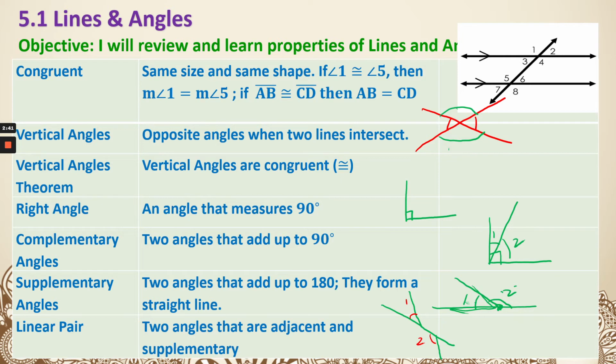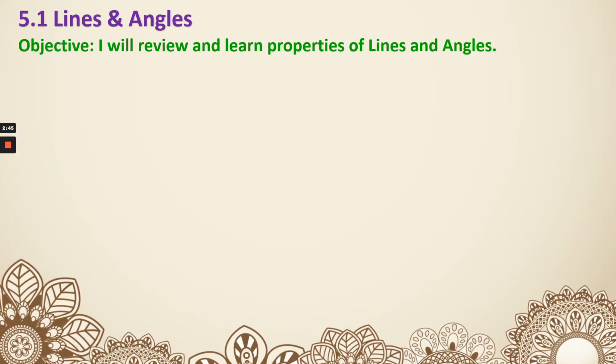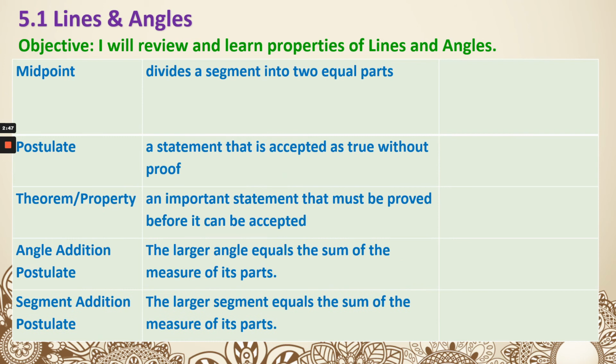Next, some more. Midpoint. Midpoint is the point that divides a line segment into two equal parts. So here's a line segment, and the midpoint is right there. That is actually a very important concept that we will use more in the future. Next, postulate. A statement that is accepted as true without proof.